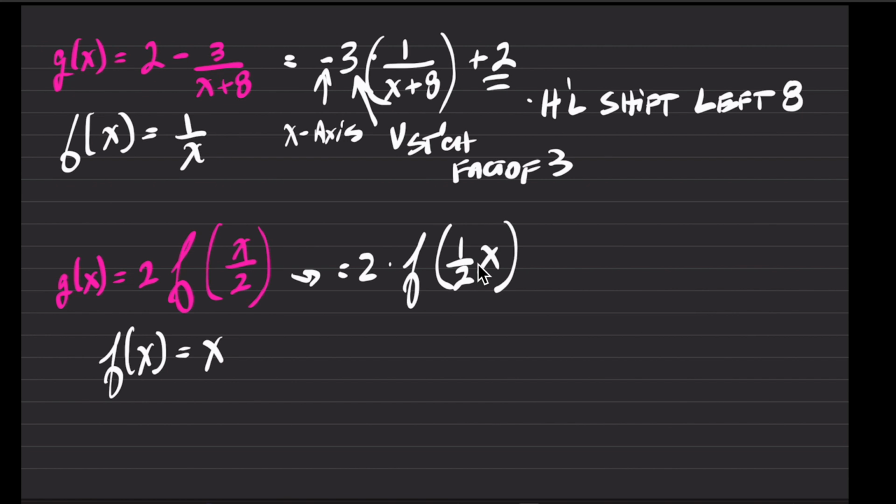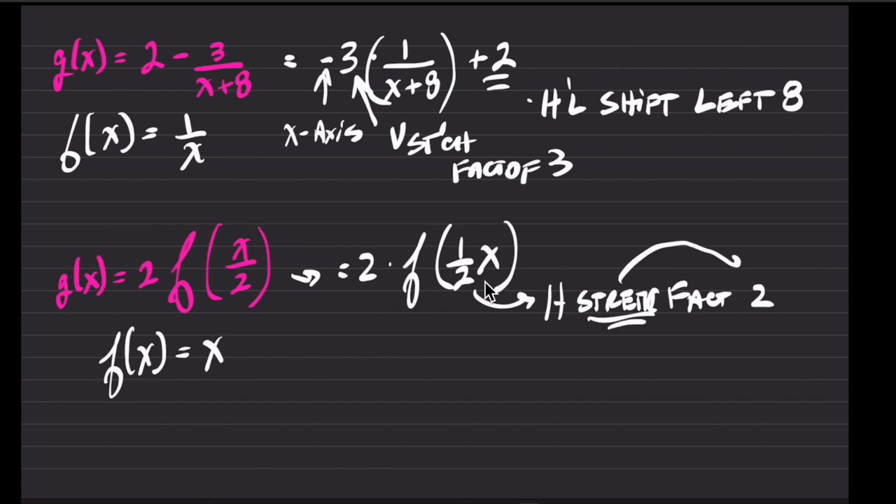That means it's a horizontal shrink or stretch. This is a factor of guy of 2. That means it has to be a horizontal stretch. Horizontal stretch factor of 2. The word stretch has to match a factor of guy greater than 1. And then we're going to come outside and do a vertical stretch factor of 2.